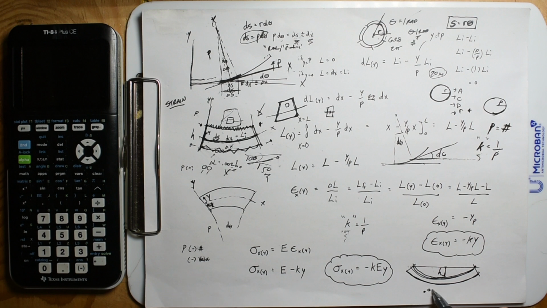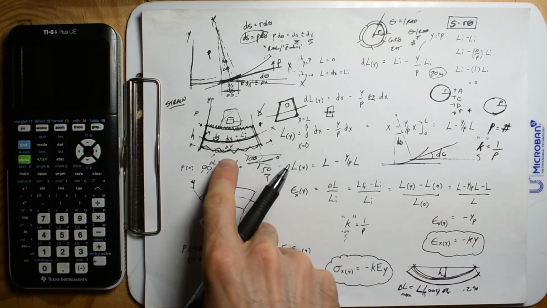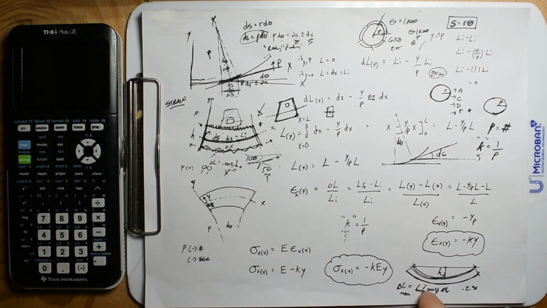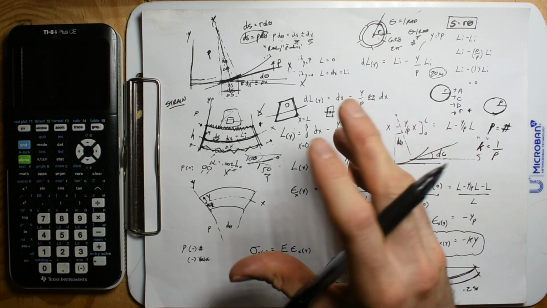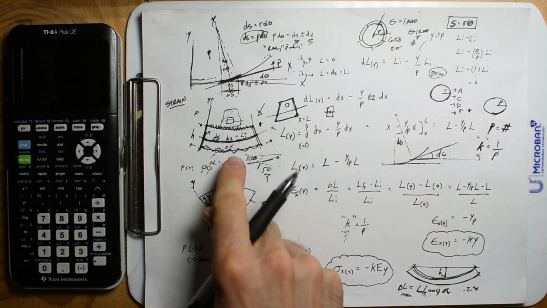It's still within that 0.2% change in length. Taking the initial length multiplied by 0.002 for steel, this is the allowable change in length. That's kind of the max change in length. I just bring that parameter up to give you an idea of what your limits are.